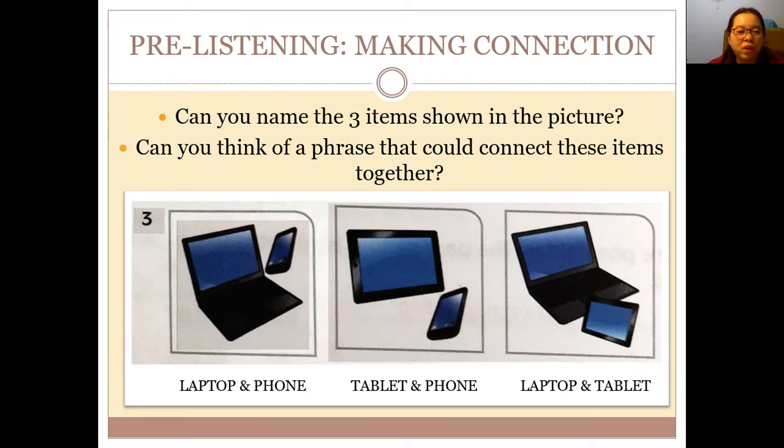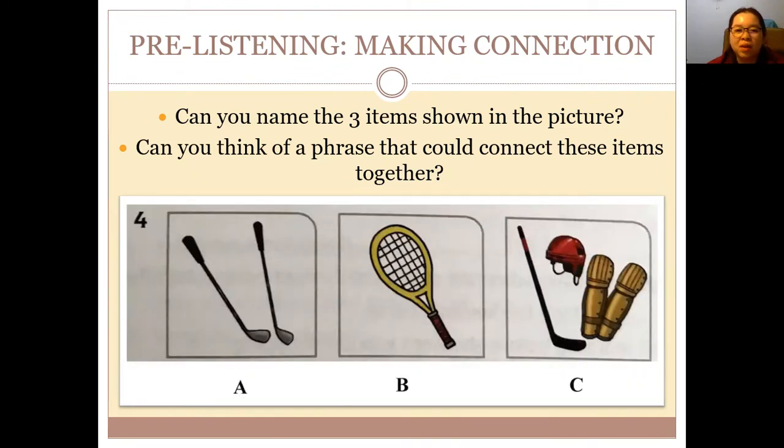Now, can you think of a phrase that could connect these items together? Well done. It's electronic gadgets. Alright, now let's look at the fourth set of pictures. Can you name the 3 items shown in the picture?